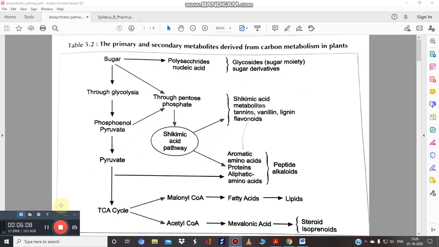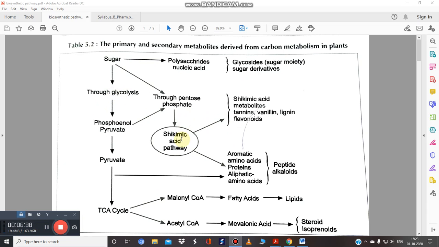Okay, so let's see this pentose phosphate pathway in which phosphoenol pyruvate and sugar are involved. So before that, let's see here again. Shikimic acid is produced via the pentose phosphate pathway, which involves the use of sugar and phosphoenol pyruvate, and this is produced through glycolysis.